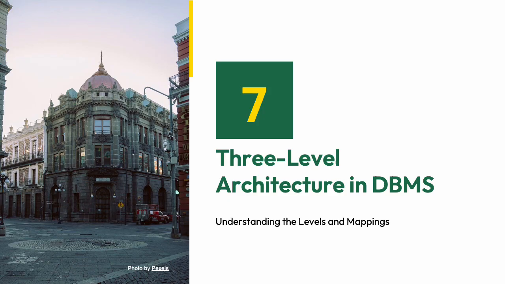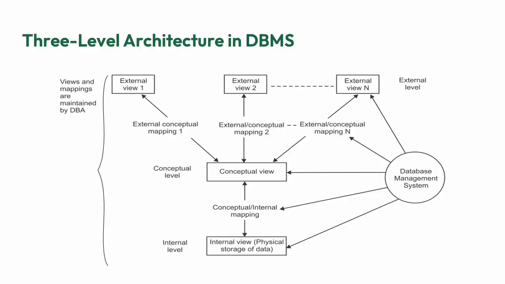Let's move to the next section, which is called three-level architecture in DBMS. So this is the picture of the three-level architecture in DBMS, and they are grouped by levels and mapping.